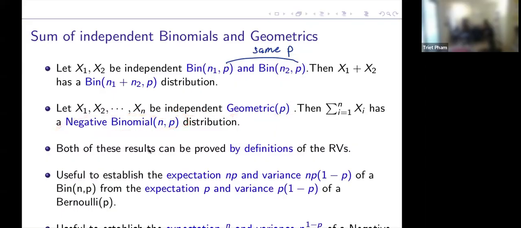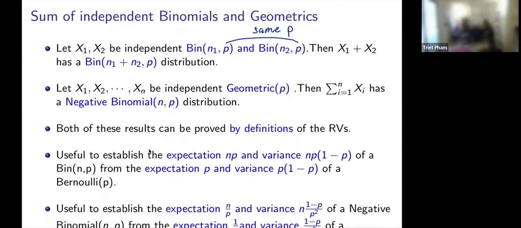It's pretty easy to see why this is true by looking at what it means. A binomial counts the number of successes in so many trials. You can look at it as the first N1 trials, where you count how many successes, and then the second N2 trials, where you count how many successes.